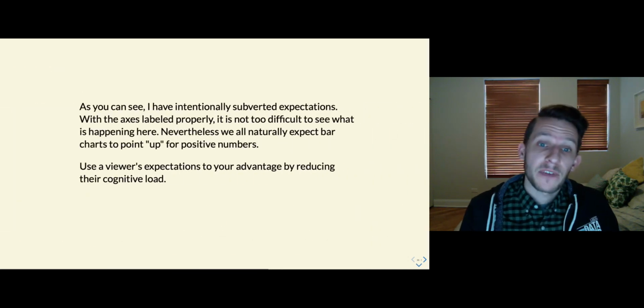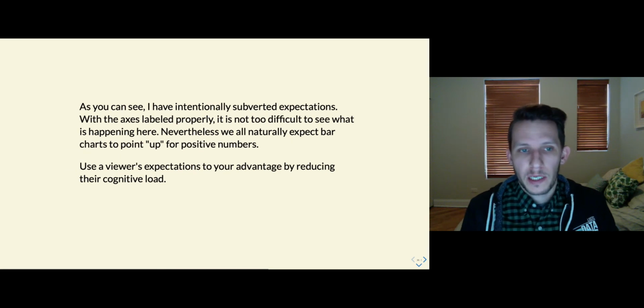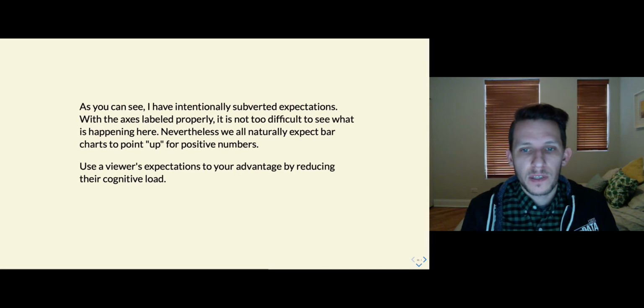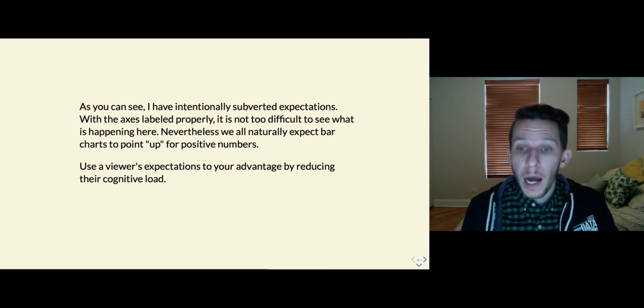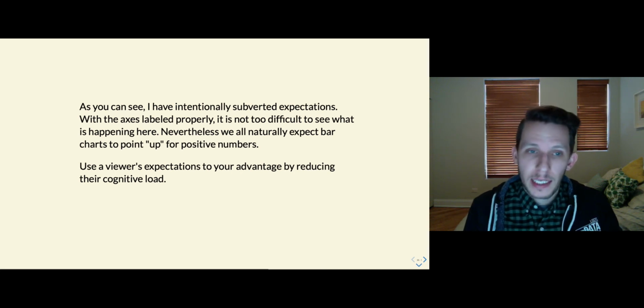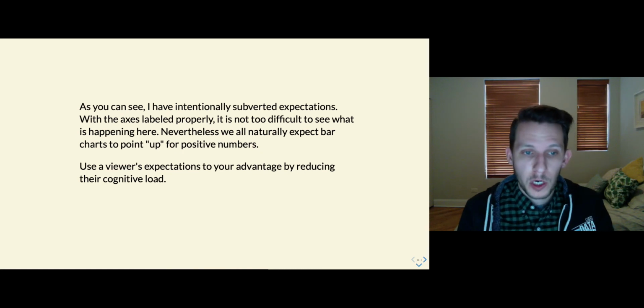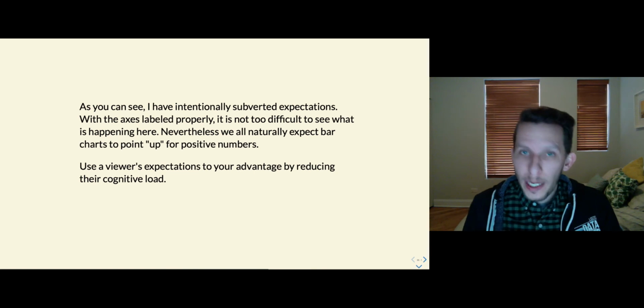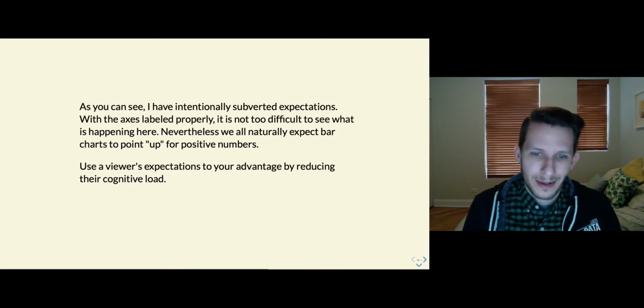In this case, I have intentionally subverted your expectations. Once there is an axis label, it's not too difficult to see what's going on. But we all naturally, as I said, expect the bar chart to point up, which is why it looks like the white portion is the actual data when it is not.